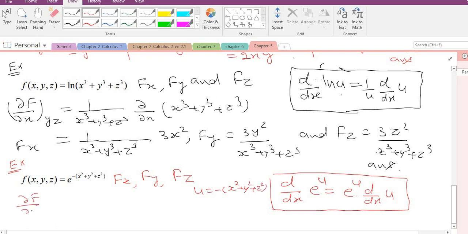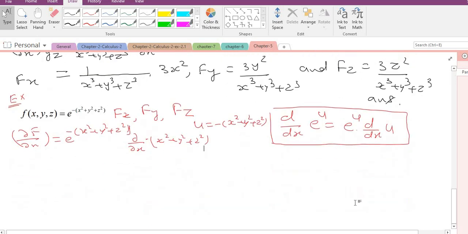So f of x means e power minus x square plus y square plus z square, and then del x of minus times of x square plus y square plus z square. We just have to differentiate it, and whatever we have is my final answer. Del x of this with respect to x, y constant and z constant. Del x of x square with the minus gives minus 2x.